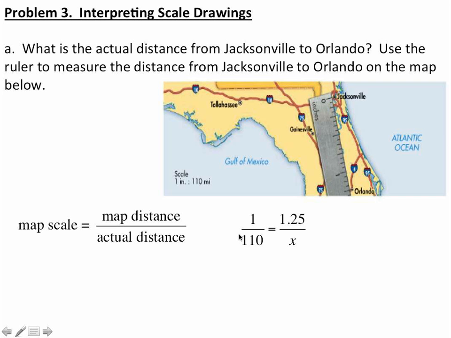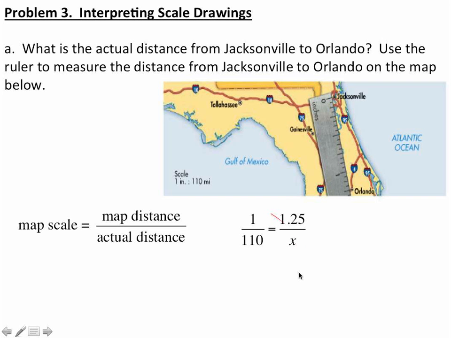So it looks something like that: 1 inch over 110 miles, that comes right from the scale, equals 1.25 or 1¼ inches over how much? This is the actual distance on the bottom. Actual distance, 110 miles. Scale, map distance, 1 inch. Map distance, 1.25. I'm looking for the actual distance.